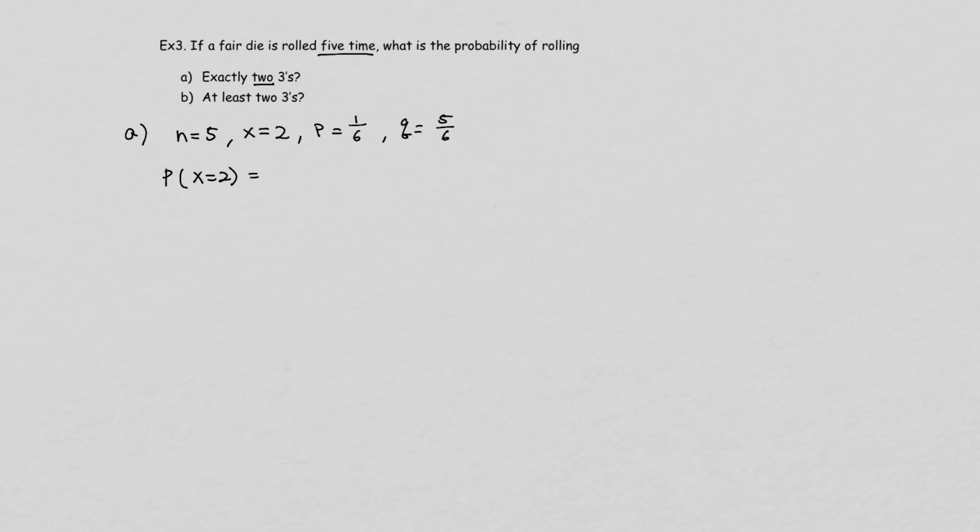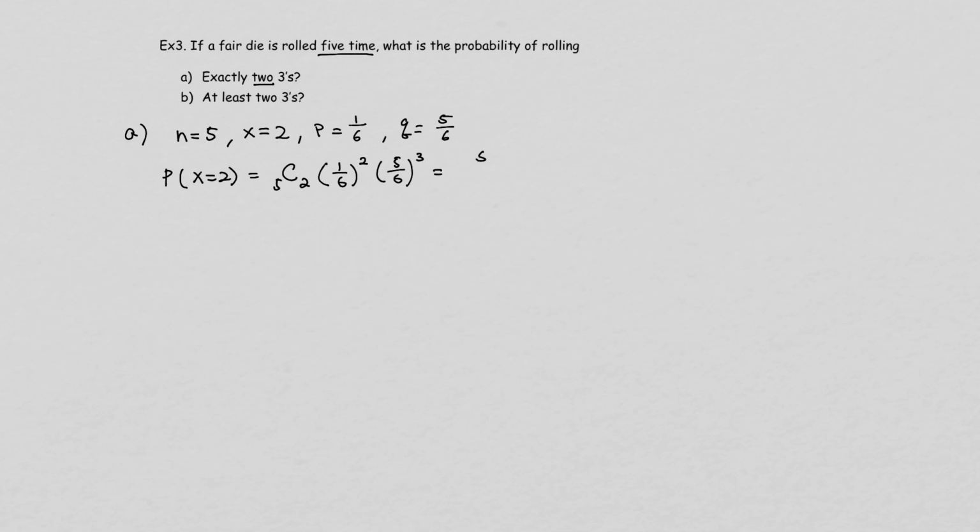And then the problem is asking for exactly 2. So for exactly 2, you're going to do the combination of 2 out of 5 times success to the square and failure to the 5 minus 2, so that will be the third power.